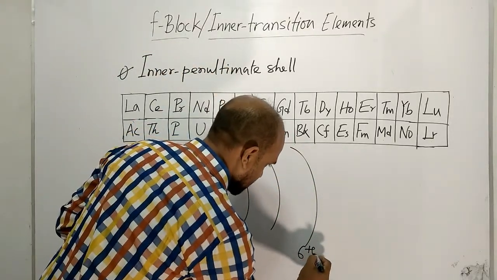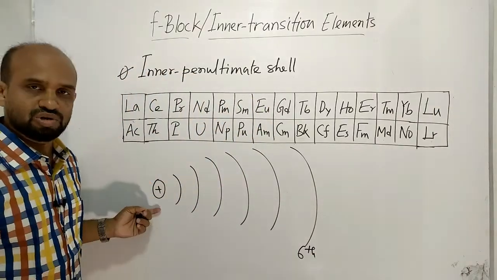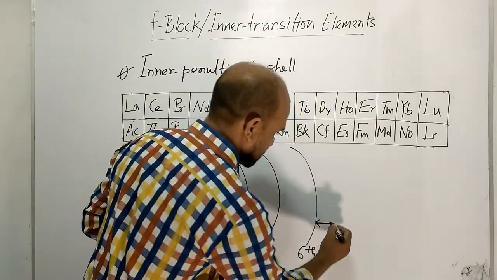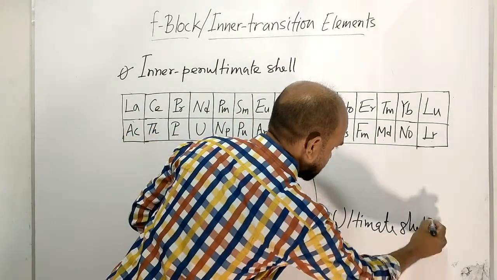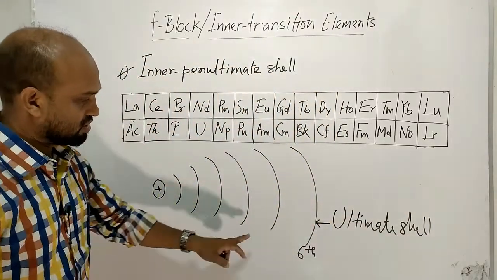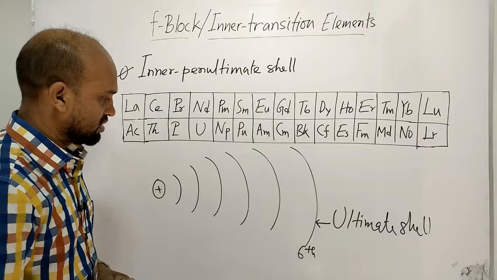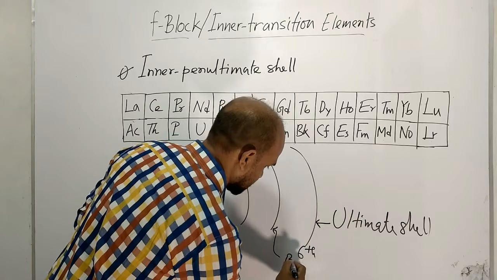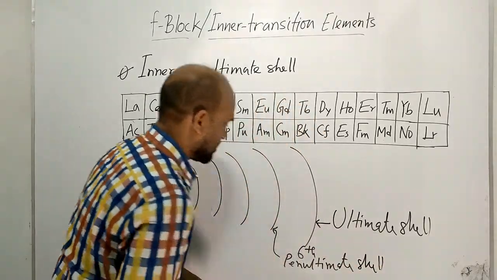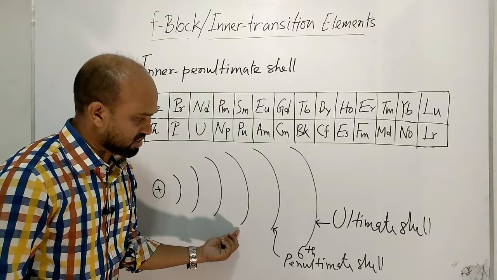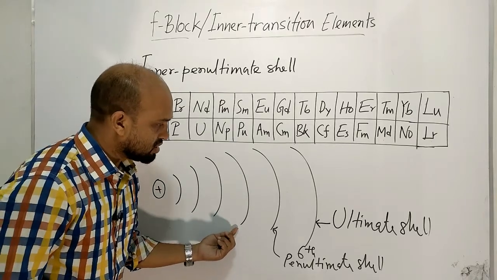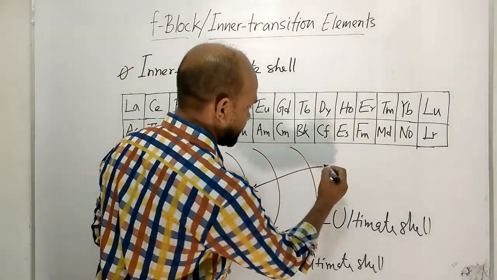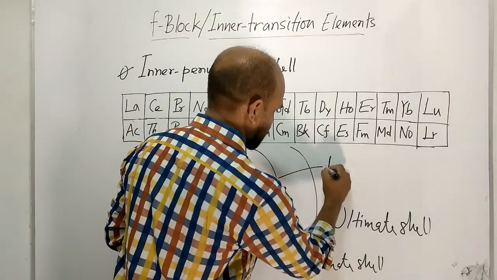This sixth shell, which is here, outermost shell, is known as ultimate shell, and the next shell, which is inner to the ultimate shell, is known as penultimate shell, and the next inner shell, that is the shell inner to the penultimate shell, is known as anti-penultimate shell or inner penultimate shell.